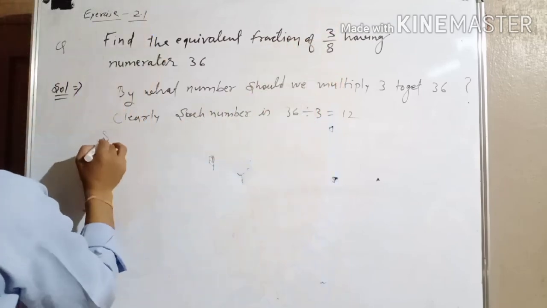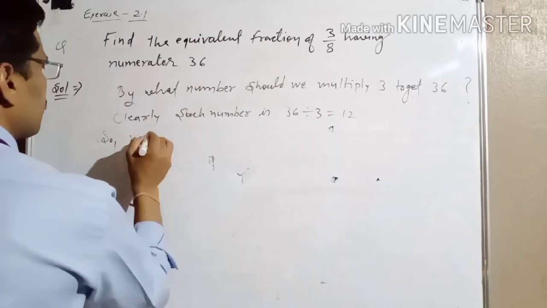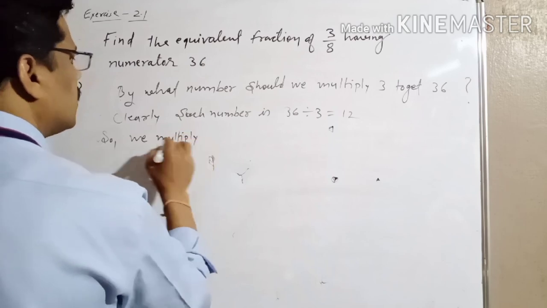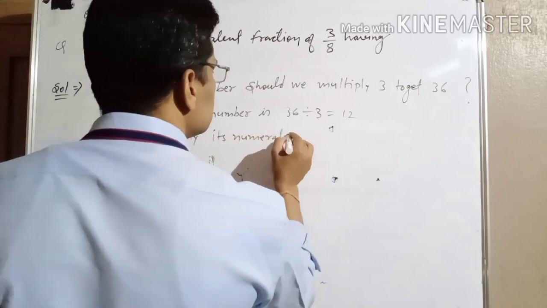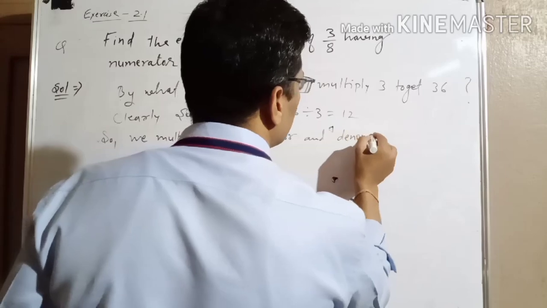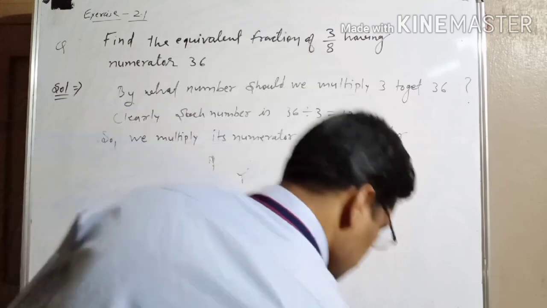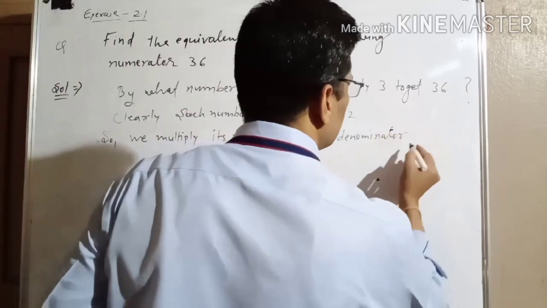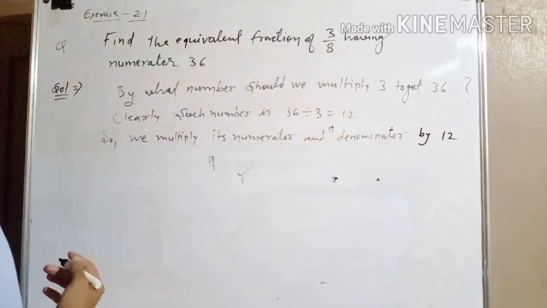So we multiply its numerator and denominator by 12.